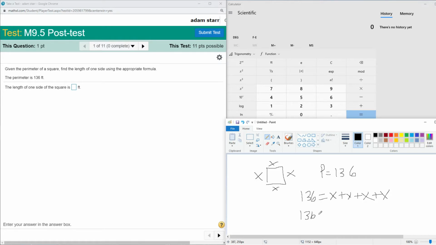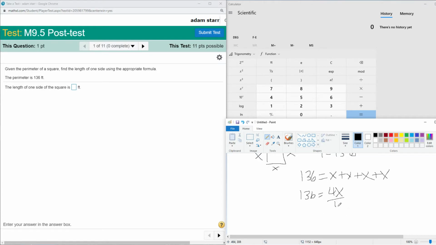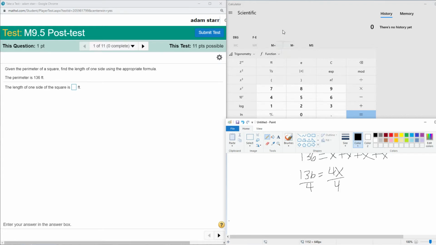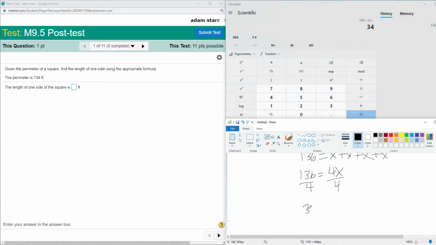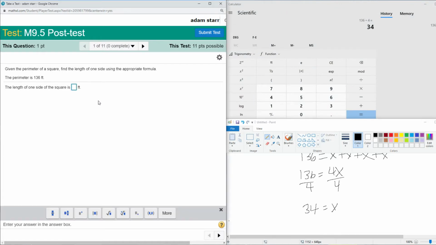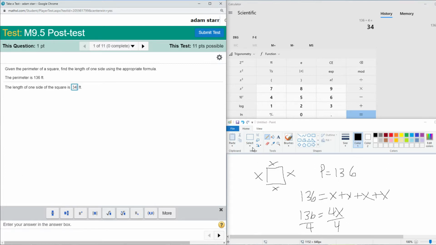Simplifying this equation, x plus x plus x plus x is 4x. To solve for that length measurement, I'm dividing by 4 on both sides. So 136 divided by 4, and I get 34 equals x. So 34 is that length measurement of that square.